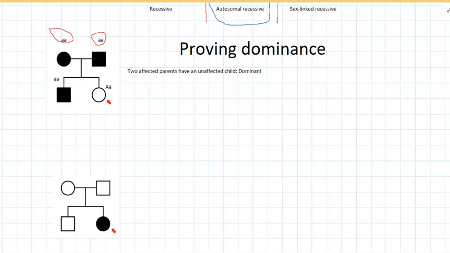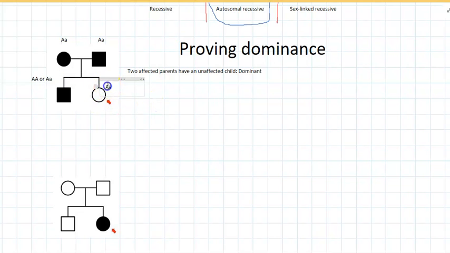So in other words, let's have a look at this situation as it actually is. The mum's affected. It's a dominant condition, so she must have one dominant allele, which is the big A, that's giving her the condition. The father's also affected, so he must have a big A. This child here might have got both big A's from their parents, one from each, or they might have only got one.